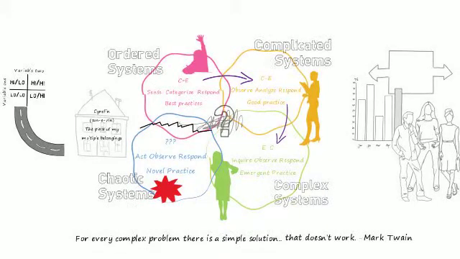The only way to keep the organization out of that chaotic domain is by really being mindful, paying attention to good learning designs for the long run, and managing from that complicated and complex domain most of the time. Once we fall into chaos, it can be really difficult and expensive to climb out of there, so we want to avoid that as much as we can.